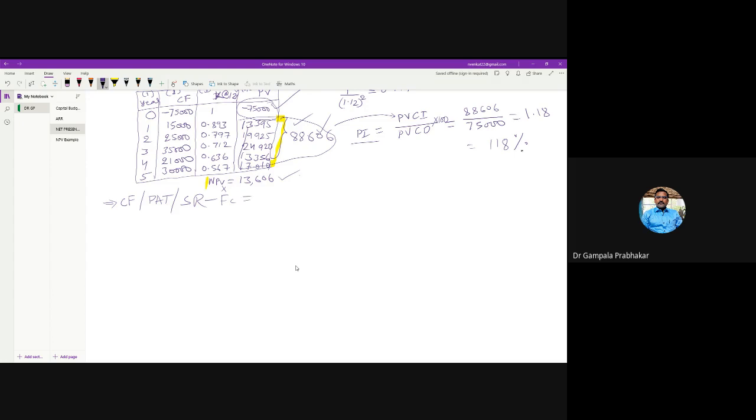Then you will get the earnings before depreciation and tax, and from that you have to deduct the depreciation, to get earnings before tax, and from that you have to deduct the tax. Therefore you will get profit after tax or earnings after tax. To this value if you add depreciation, you will get cash flows.